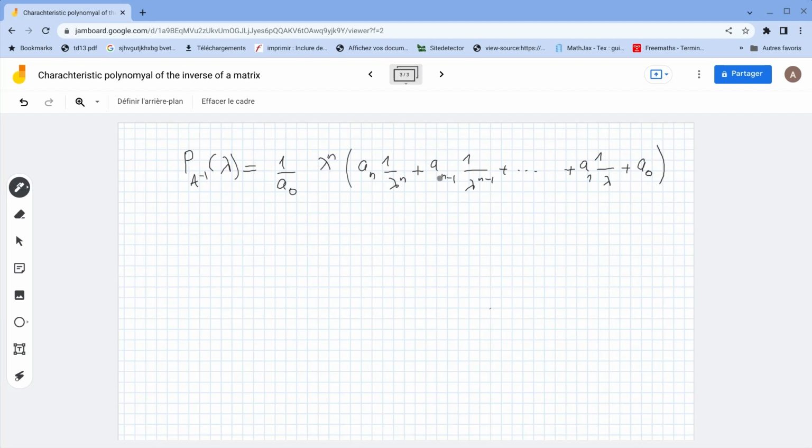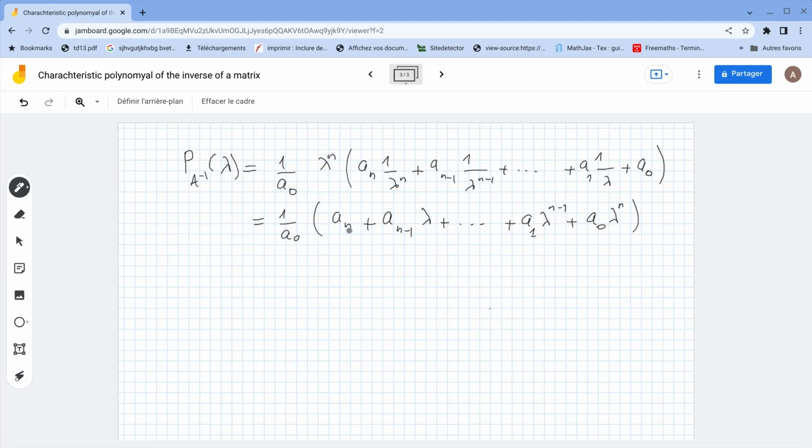If I multiply by lambda to the n, I get 1 by a_0 times a_n, I cancel lambda to the n, plus a_{n-1} lambda plus ... plus a_1 lambda^{n-1} plus a_0 lambda^n.